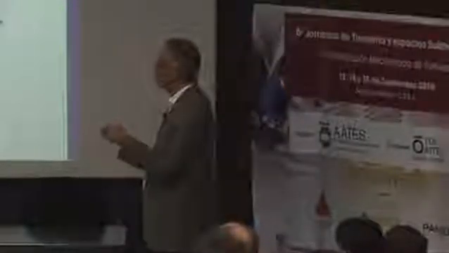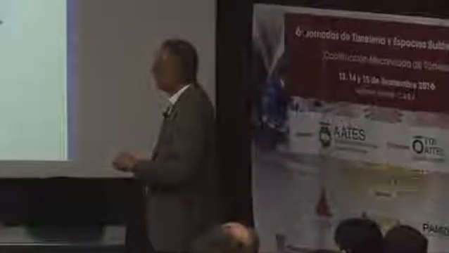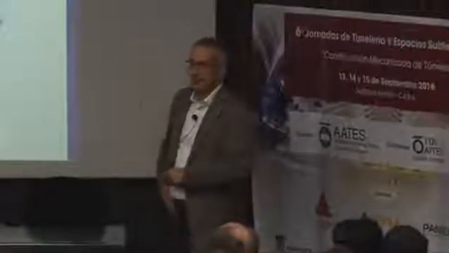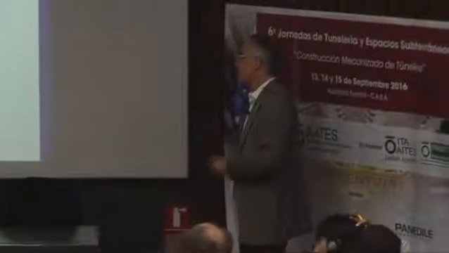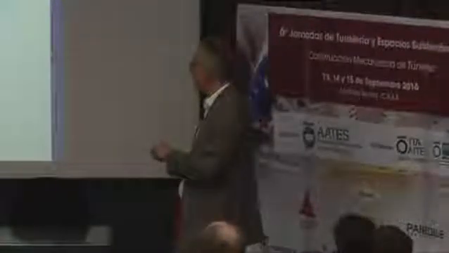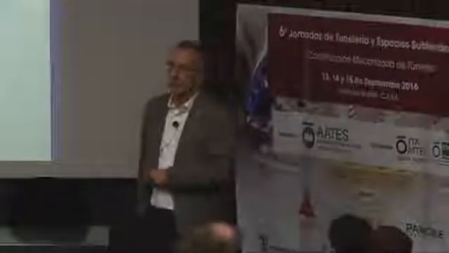We have the water pressure, which is easy to measure, and you place a safety factor on top. The same with the earth pressure, where you have a partial safety factor in front. So you have one safety, another safety, and then this operation pressure as well with another safety factor.